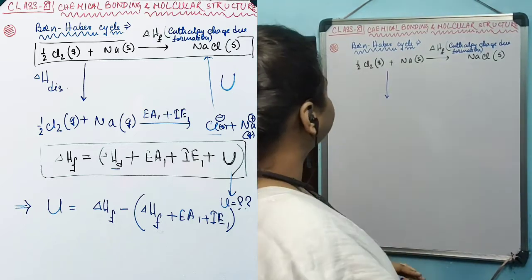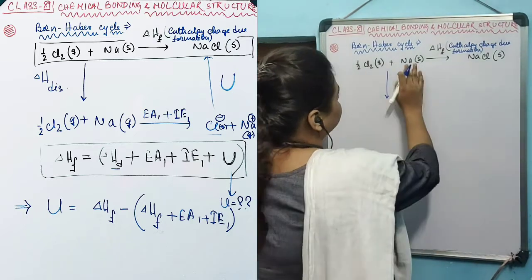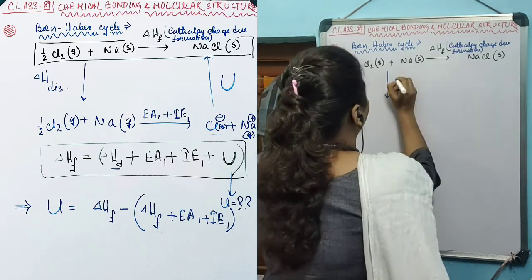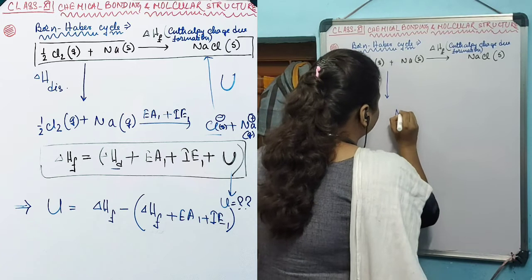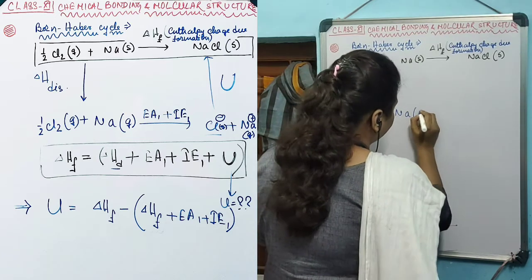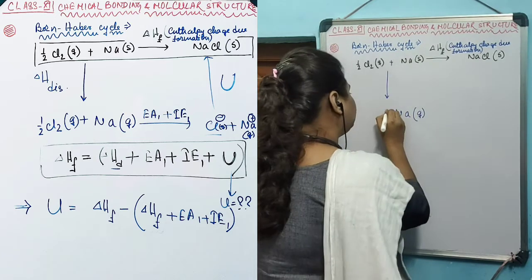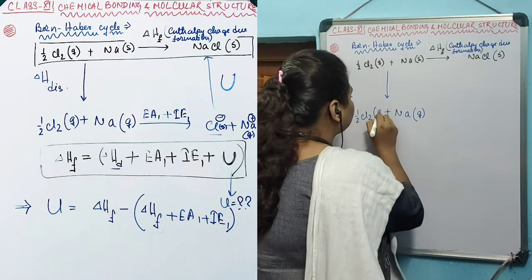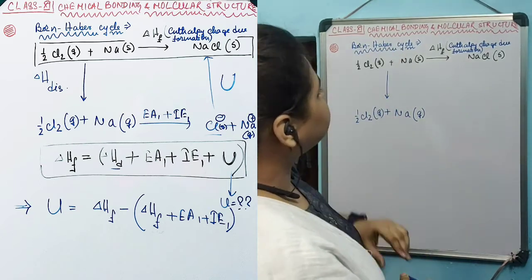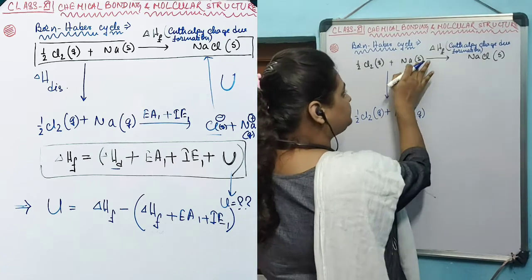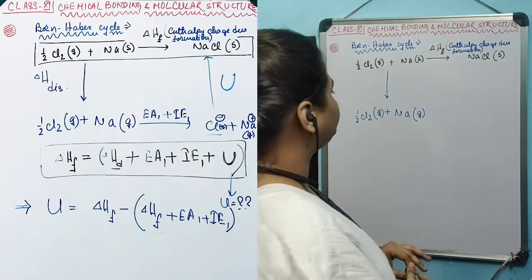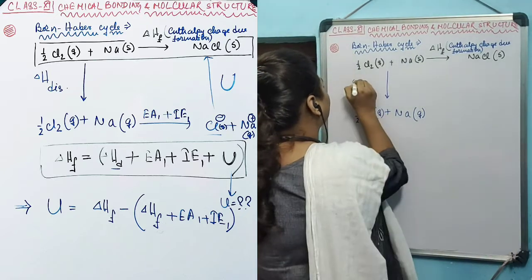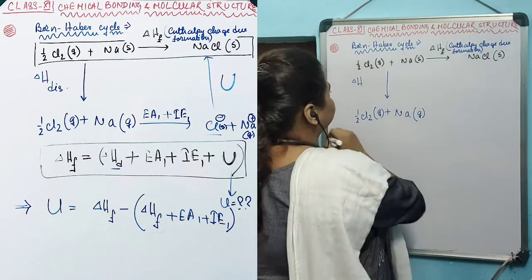Supposedly in the first step, I am transforming the sodium metal into the sodium atom in its gaseous state. That means we are changing the state of the sodium atom from solid to gaseous. An amount of energy is required to do this transformation.